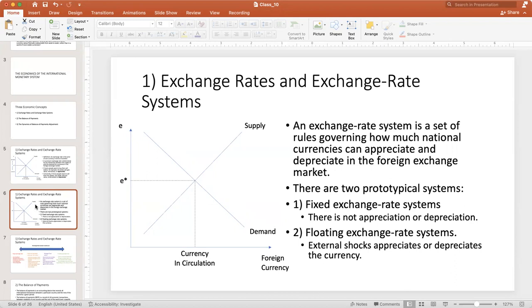The basic idea that differentiates both systems is that when your country has a fixed exchange rate system, the price is not a random price. It's a price that is decided by the monetary authorities. So this is a fixed level.